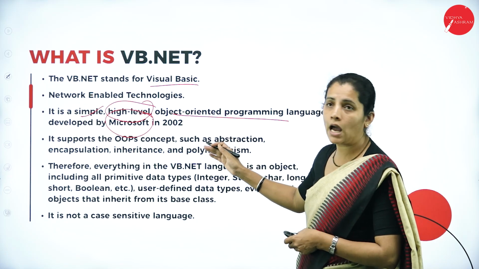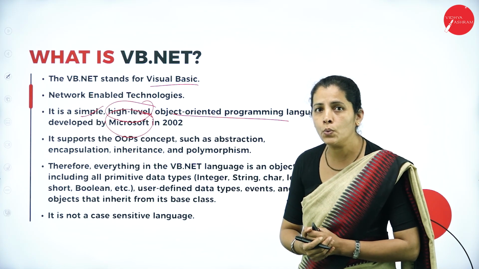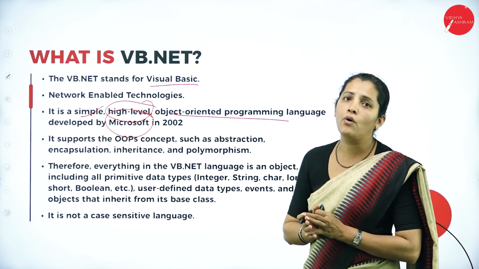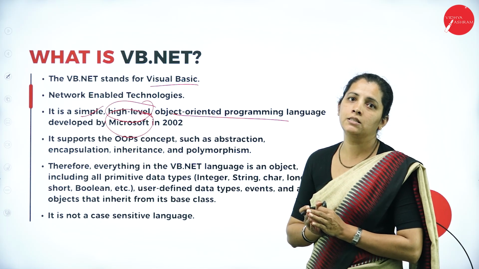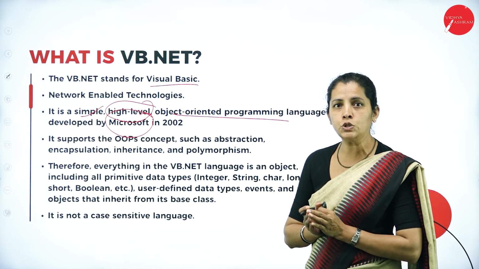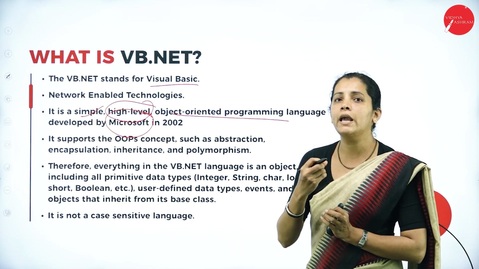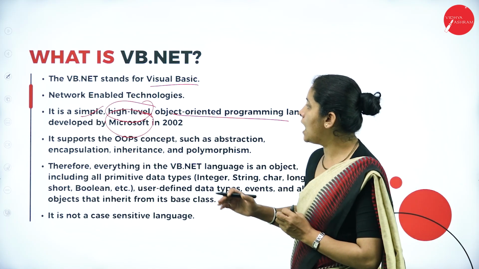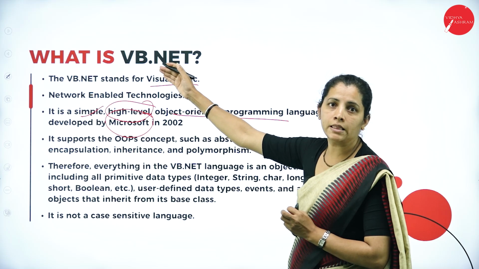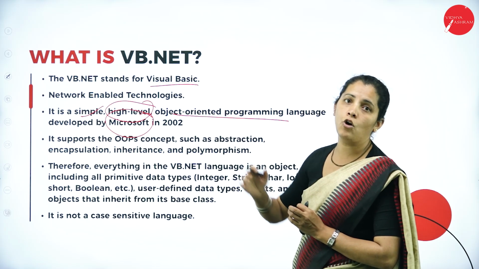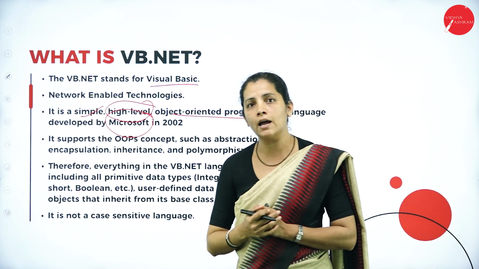Now the question arises, if I want to run Visual Basic, which software do I want to use? That is nothing but Visual Studio, and you can go with any version. Now VB is a high-level object-oriented programming language.